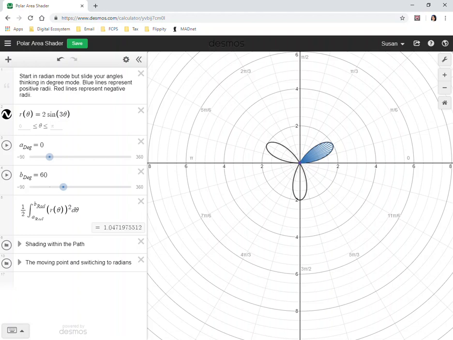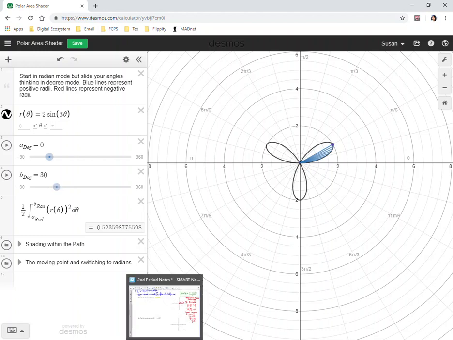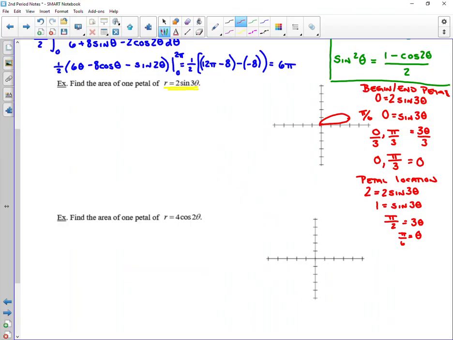All right, but actually, guys, you could go 0 to 30, right? And then take out the 1/2 in the front, because it doubles it. Well, it's up to you.